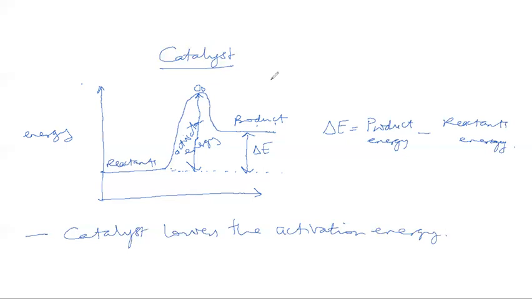Okay. So let's see what's going to happen. I'll use a red color for this. So if we put in a catalyst, instead of the reactant going all the way here, the energy level is going to come down. So it just uses this path like that.